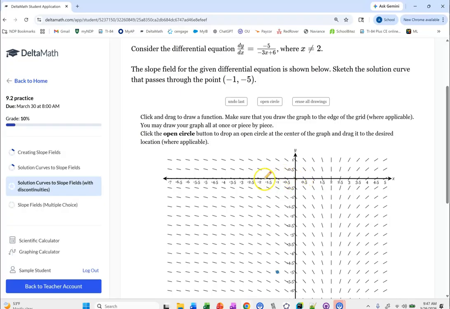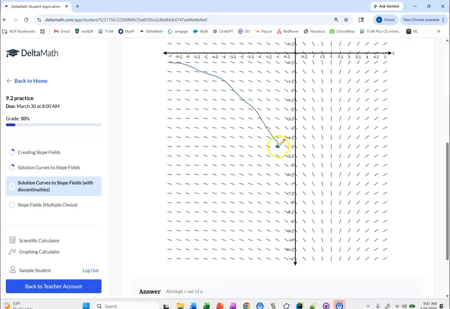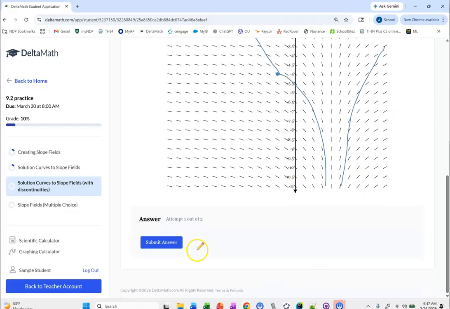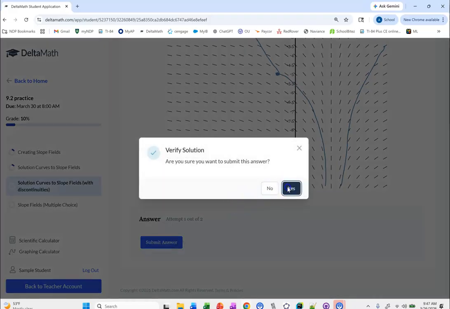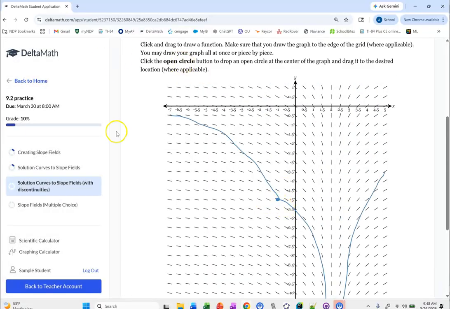So the slope is slowly getting flatter and flatter as I move. So I'm going to look like probably one of these guys. And then we'll be following down to here. And then coming back up, something like that. And hit check and see if it says I'm close enough. Oh, it wasn't close enough.